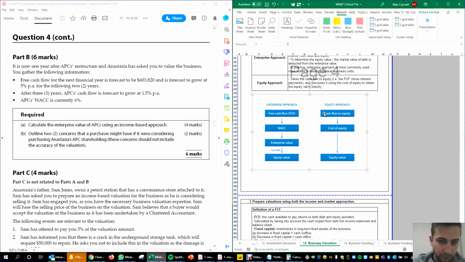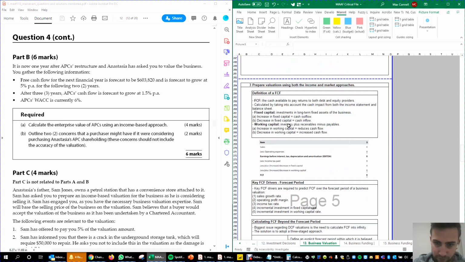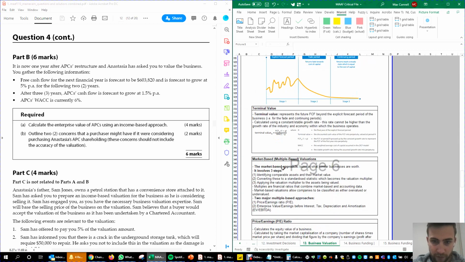We then apply the formula using WACC. So we need to know what the WACC amount is. We plug that in the formula and we calculate enterprise value. That's basically the whole value of the business before you consider debt and cash. And after that, you adjust for debt. And that gets you to your equity value. We only need to stop here at enterprise value for this question. But we do need to know the formula.